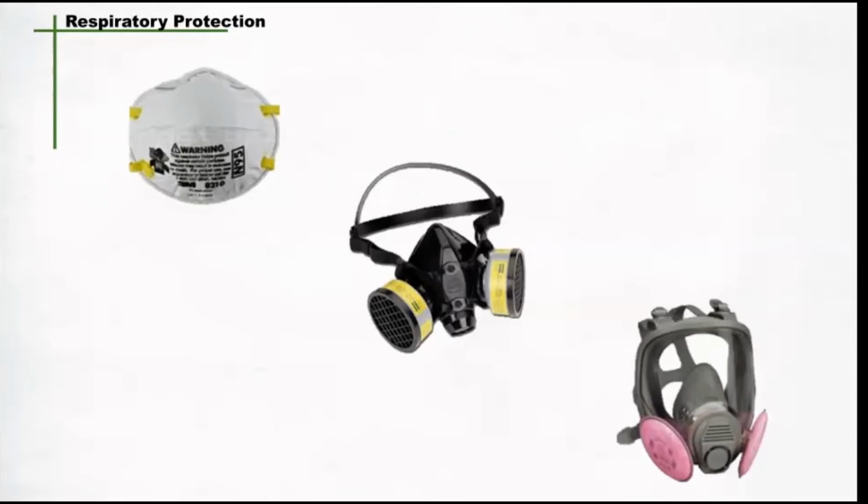The 95 means it filters at least 95% of airborne particulates. 99 means it filters at least 99% of airborne particulates, and 100 filters at least 99.7% of airborne particulates. And it's a disclaimer that these efficiencies only work if the respirator fits and is fit tested by someone who is competent and qualified for that.